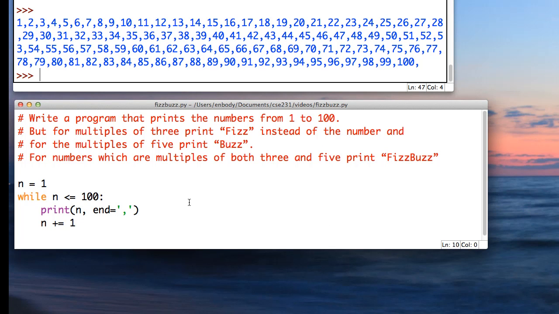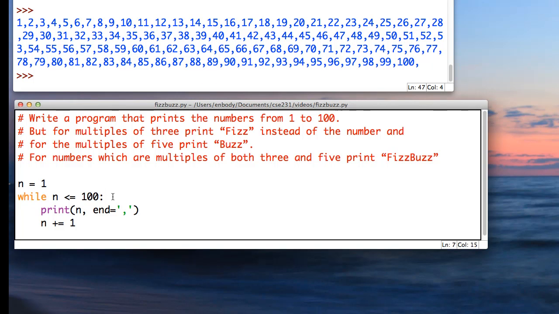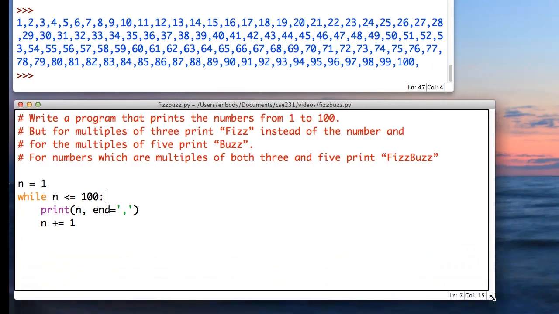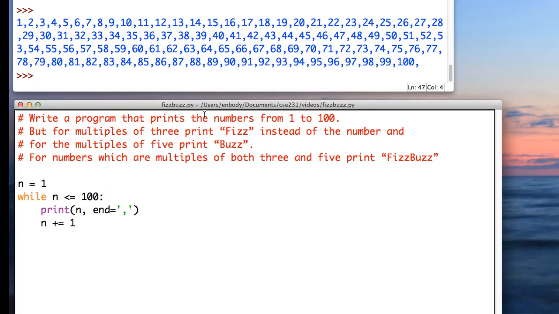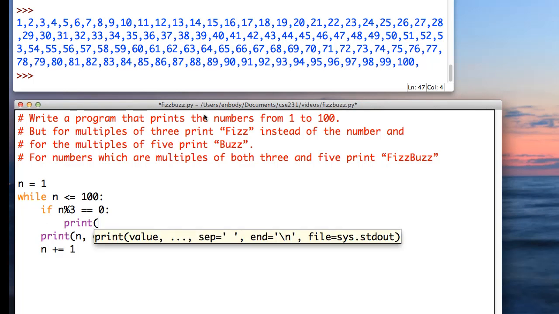So let's take a look at multiples of 3. Well, what does it mean to have a multiple of 3? Well, multiple of 3 means that if I take the number, divide it by 3, and look at its remainder, the remainder is 0, it's divisible by 3, and so we will print fizz.